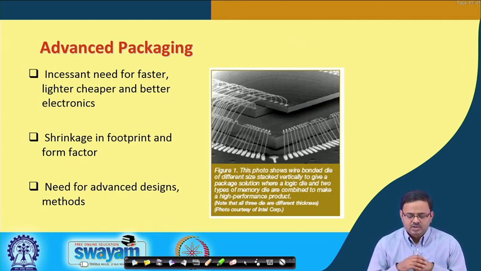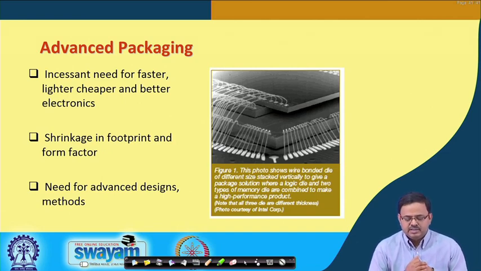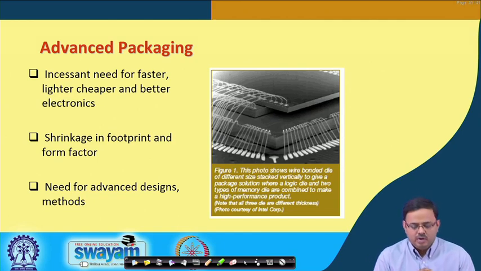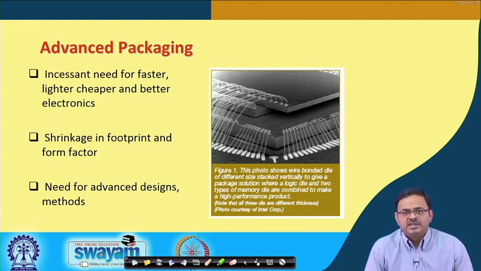Okay. So in this particular example, there is a logic die and two types of memory dies. Okay. And these are 3D stacked, or put one above the other, in a high performance product. All right. So we will talk about this in more detail when we come to stacking of dies.